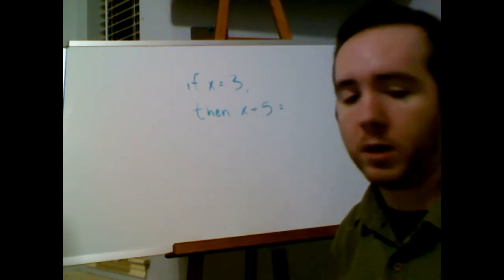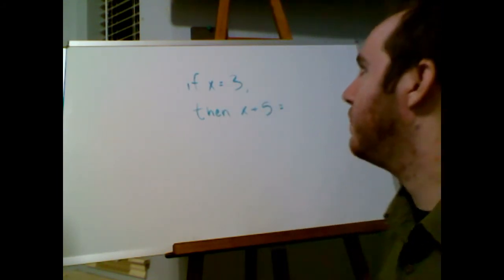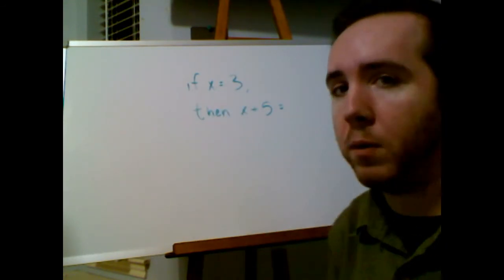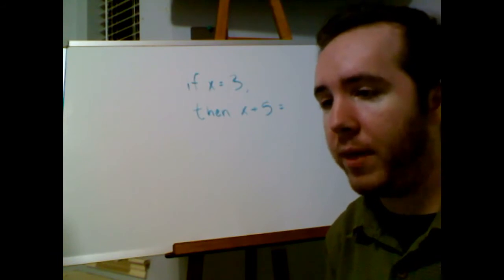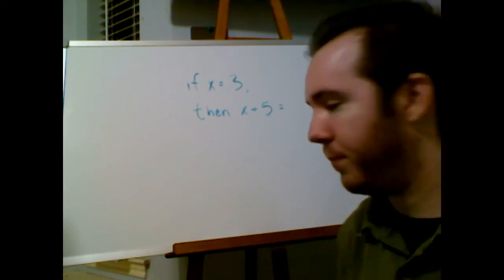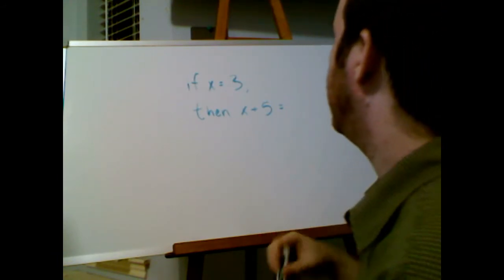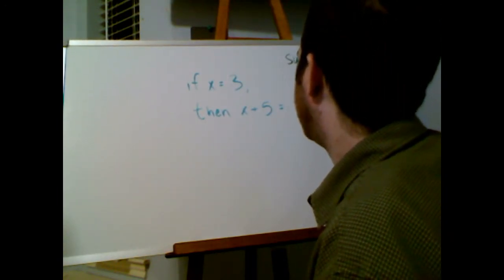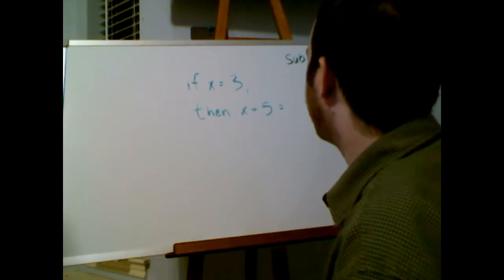With substitution, anytime you see an equal sign with two things on either side, they can always replace each other, right? Substitution is used all the time in algebra. It's a very powerful tool.